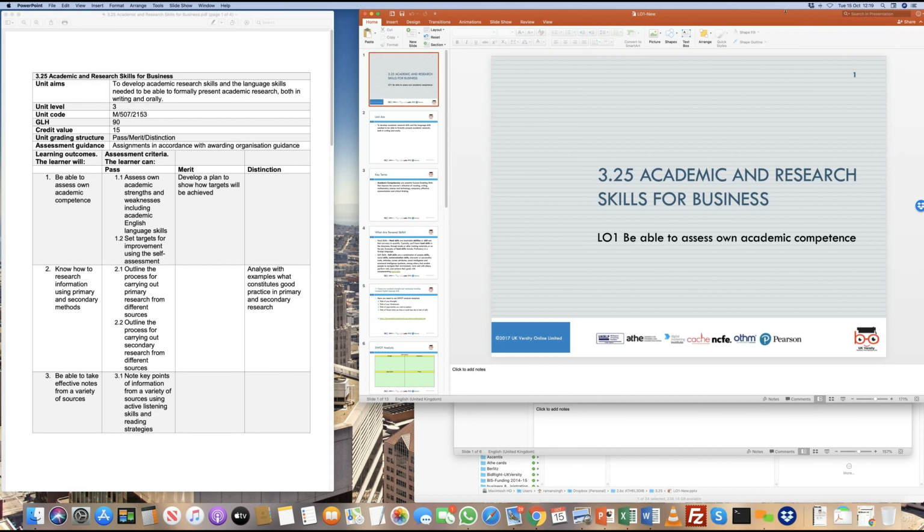That means you're making use of different forms of data which can be collected from websites, books, and journals, and when you have to put that information across concisely into your own work, you need language skills, and those language skills are called academic writing skills. And this unit is going to focus on helping you develop these two basic skills, which form the foundation of when you begin to study for higher education.